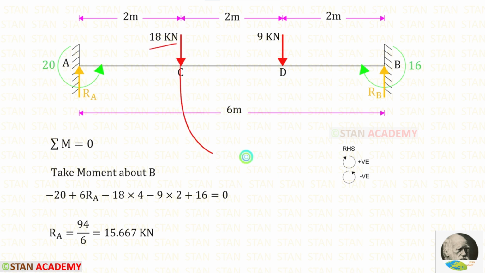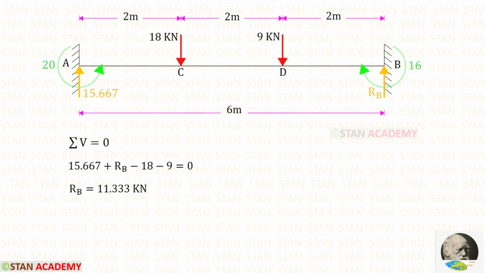This load is acting in the anti-clockwise direction, so it will be negative, and the distance is 4 meter. This load is also acting in the anti-clockwise direction, so it is also negative, and the distance is 2. MB is acting in the clockwise direction, so it will be positive. Finally, for RA, we are getting 15.667 kN.